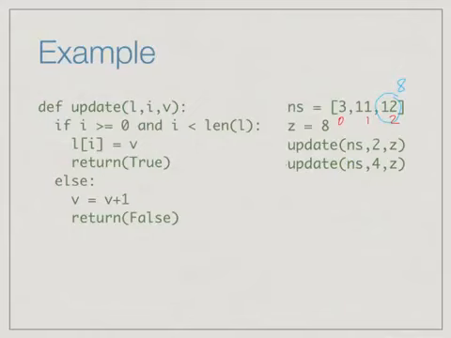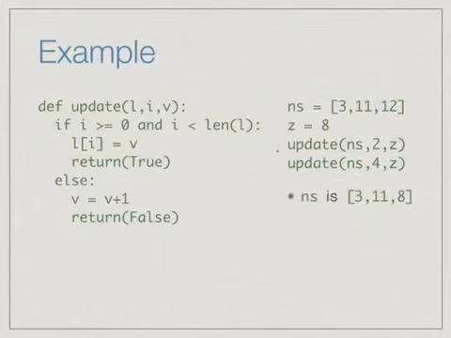Now as we saw, if the index is 4, then this if will fail, so it will instead go here. So this won't work, and what will happen inside the code is that v will be incremented. Now v has been copied from z. The question is, what happens to z? As you would expect, after executing these 4 statements, because of this update succeeding, the value of z is copied into the list at position 2, and so we get the value 8 instead of the value 12 that we started with.